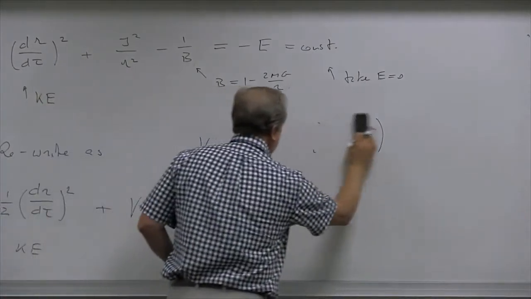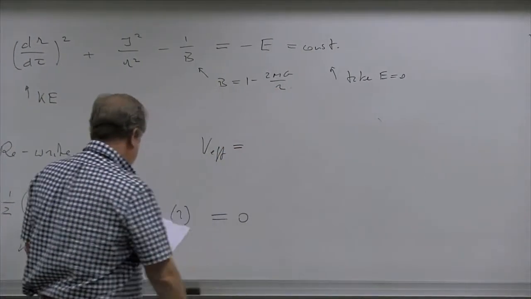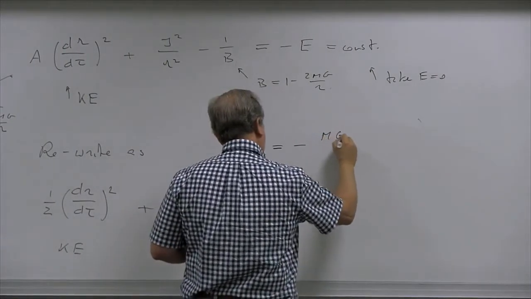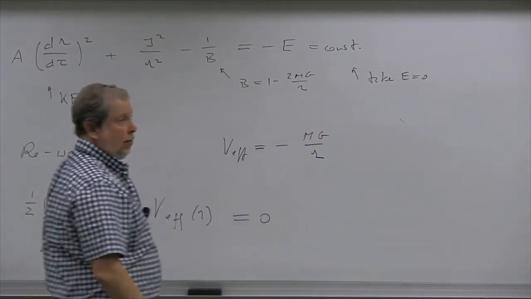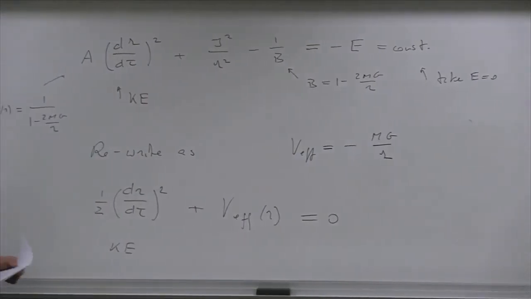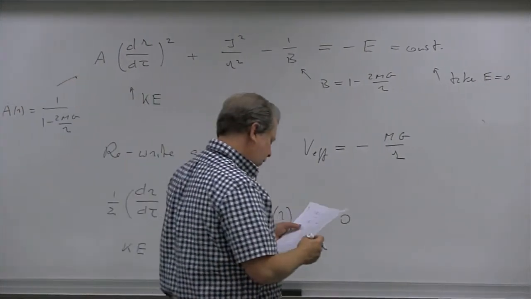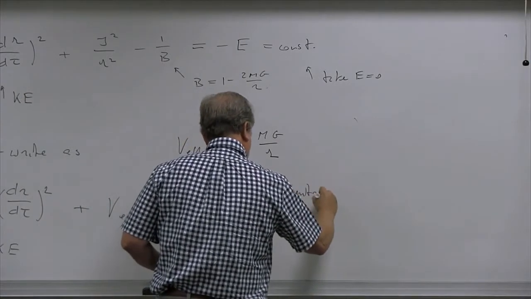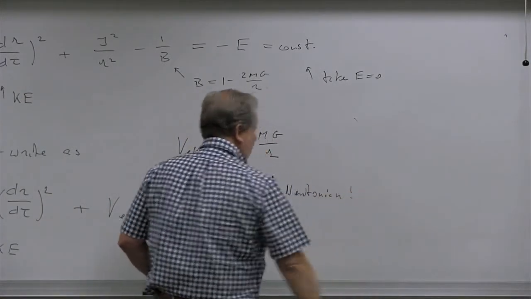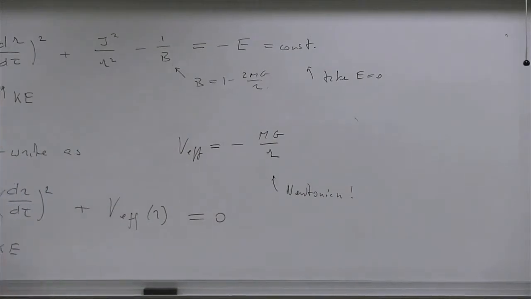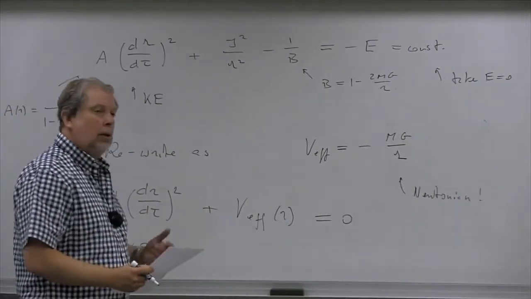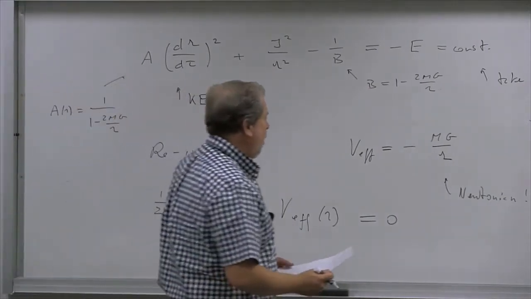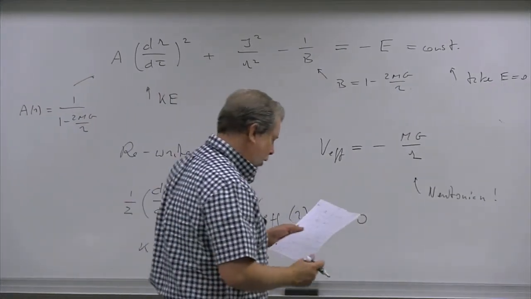And so let me multiply that out. I'm kind of running out of space. And so it is equal to minus mg over r, first of all, and that's the standard Newtonian part. The Newtonian piece should be there somewhere, because this is supposed to give back the Newtonian result for the potential energy.